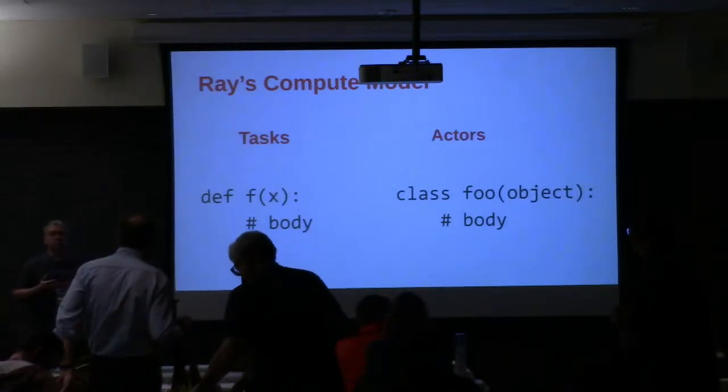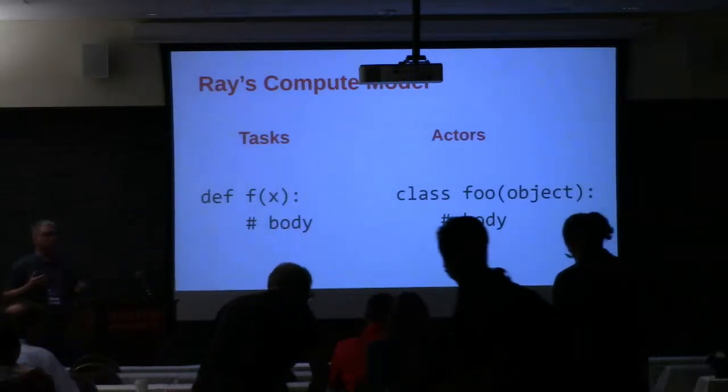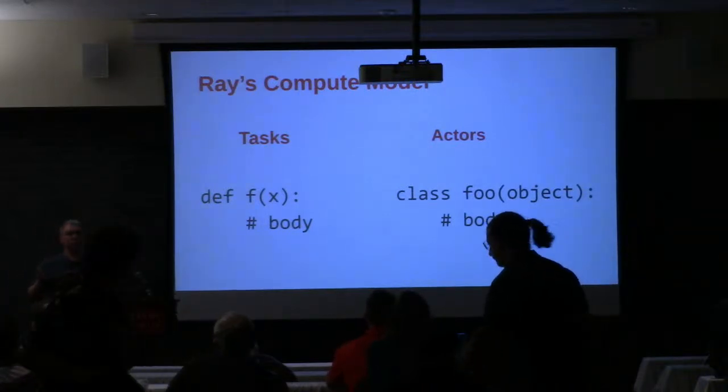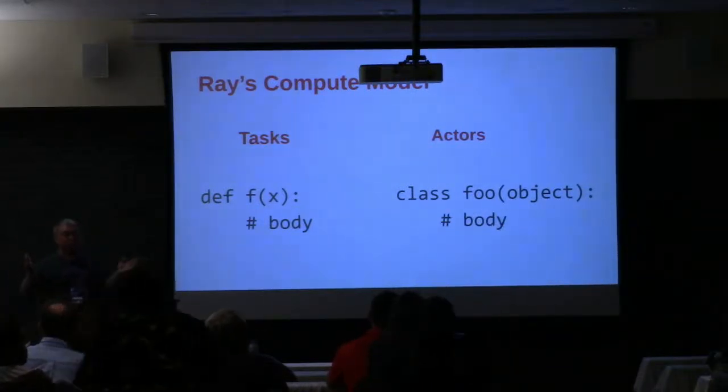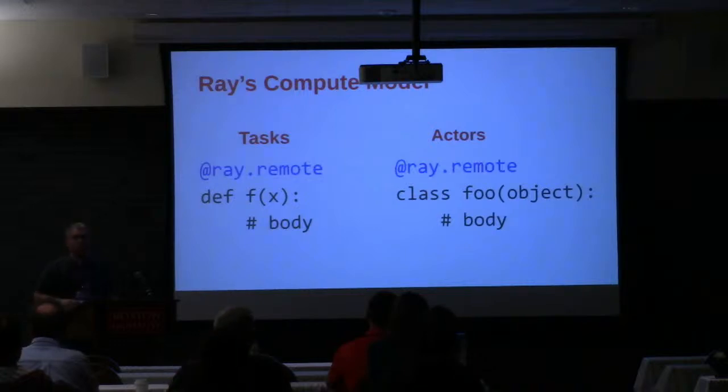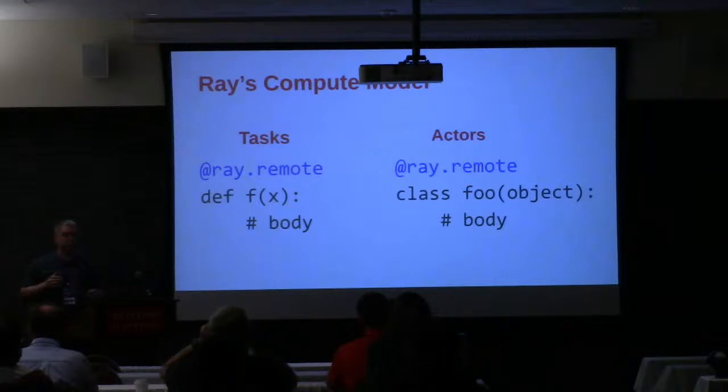So in Ray, there are two kinds of things you can parallelize. There are tasks, which are just executing a function, and actors, which act like parallelizable services. Its corresponding programming model is actually quite easy to use.